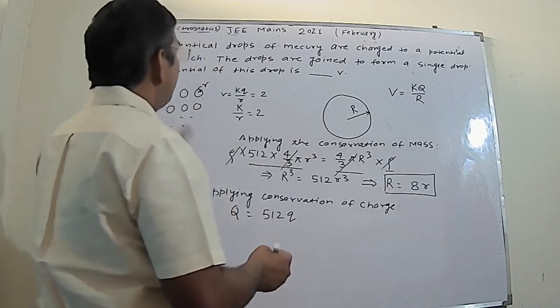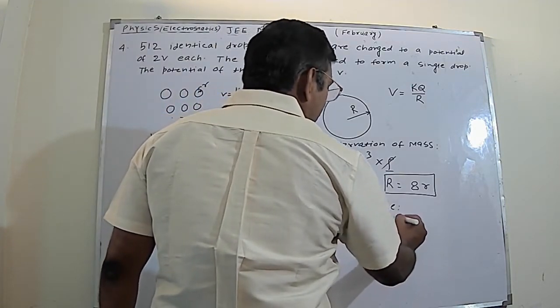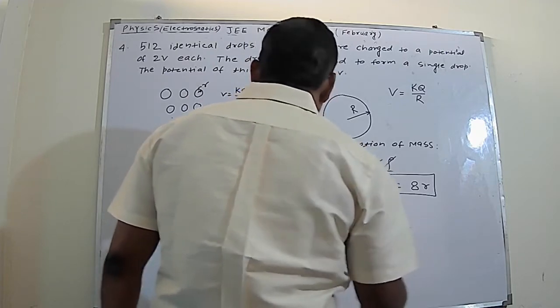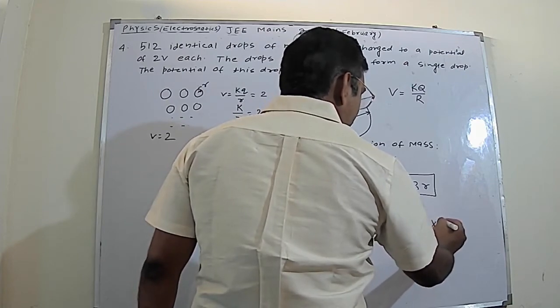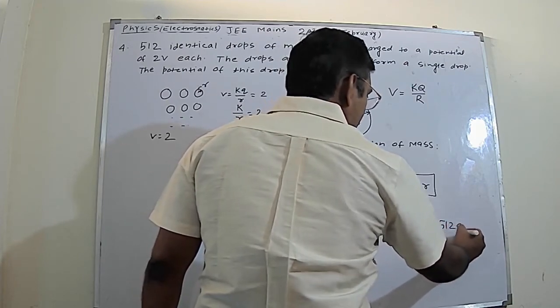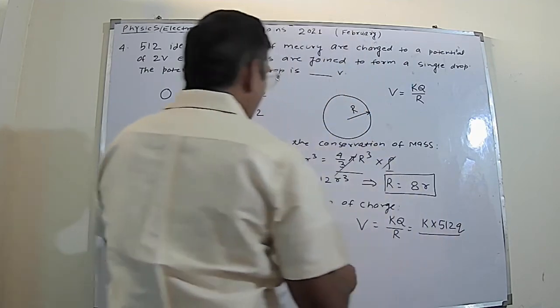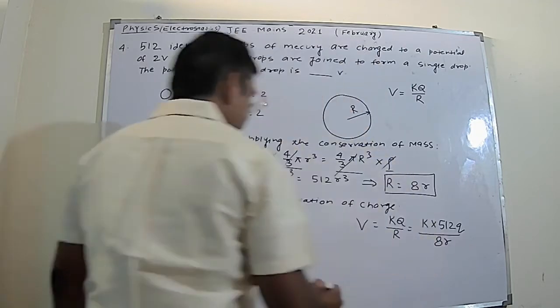So we have to find out capital V, which will be KQ upon R. So we can write K into 512 q upon R, and what is R? R is 8r, right?